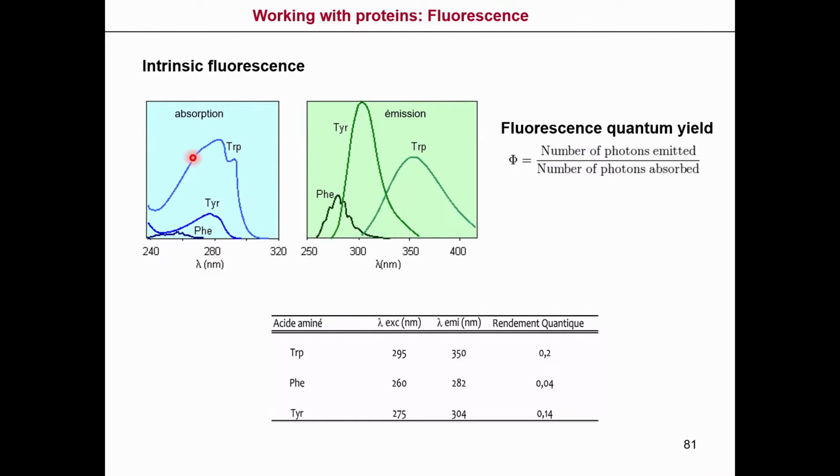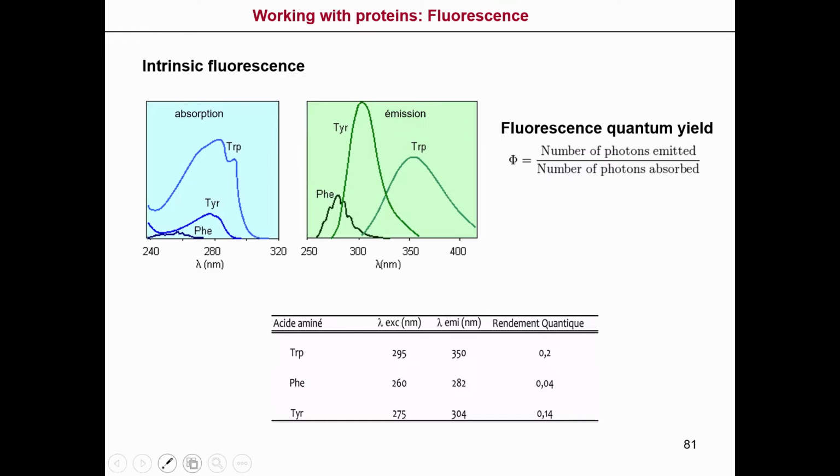So you see that the absorption of tyrosine is higher than the others. And if we look at the emission spectra of these amino acids, you will have an emission of tryptophan and tyrosine higher than that of phenylalanine.